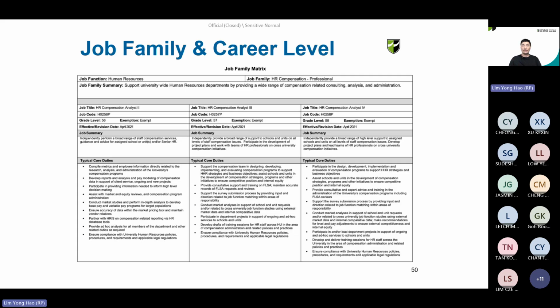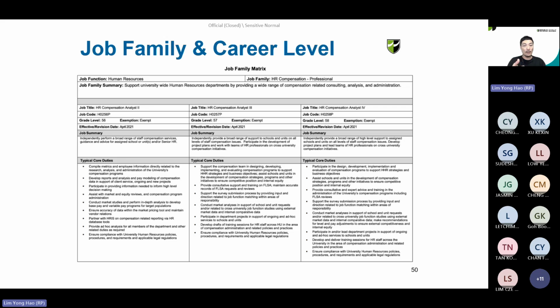So, a very busy slide with an example of human resource. I think this is related to the example we saw earlier that Nick talked about, where one executive had to take on so many roles. So if you want to break down HR into different types of roles, you have a compensation analyst one, compensation analyst two, then you have a compensation analyst four.